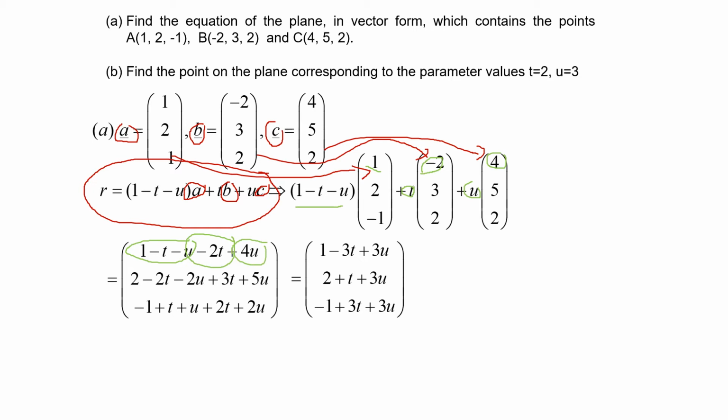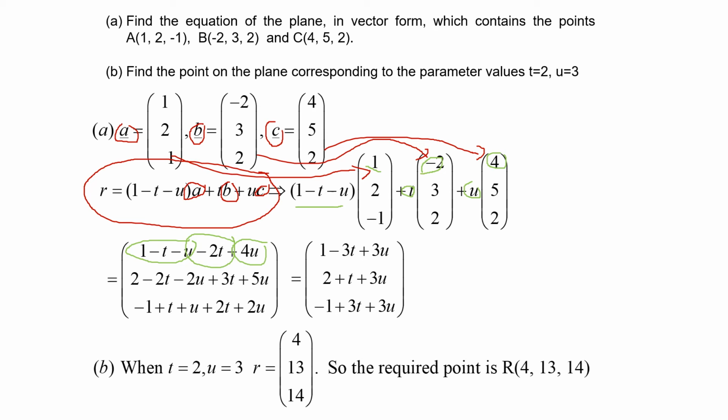Then you follow up to add up your y and your z respectively, and reduce and simplify your added vectors in terms of U and T until the simplest form possible. That will be the equation of the plane for part A.